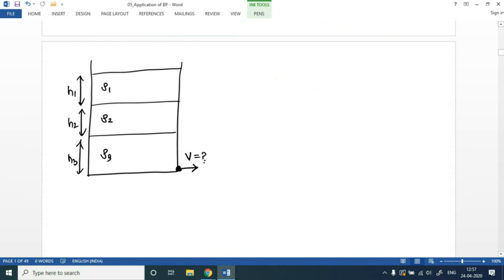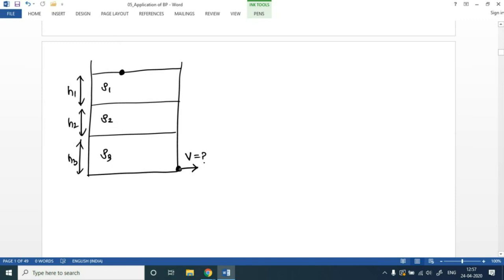So obviously we are going to apply Bernoulli's principle over here. In order to apply Bernoulli's principle, we need to choose 2 points inside the liquid. So where are we going to choose those points? Can we choose 1 point here at the open surface and 1 point here?